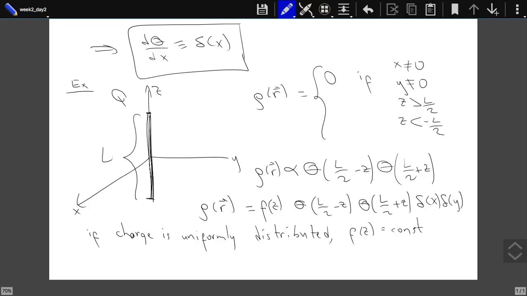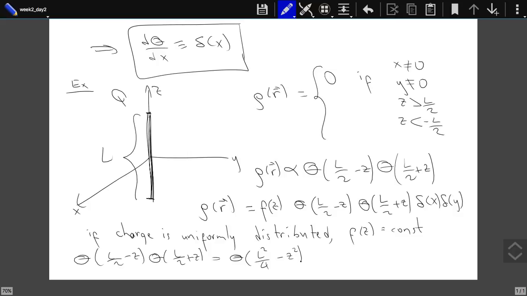Now, do you see why we have these step functions here? In the lecture, instead of writing theta of L over 2 minus z times theta of L over 2 plus z, I had written theta of L squared over 4 minus z squared. Because if z is larger than L over 2 or z is less than minus L over 2, z squared is larger than L squared over 4.